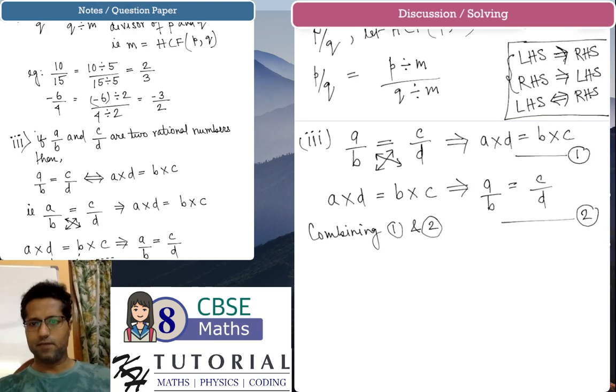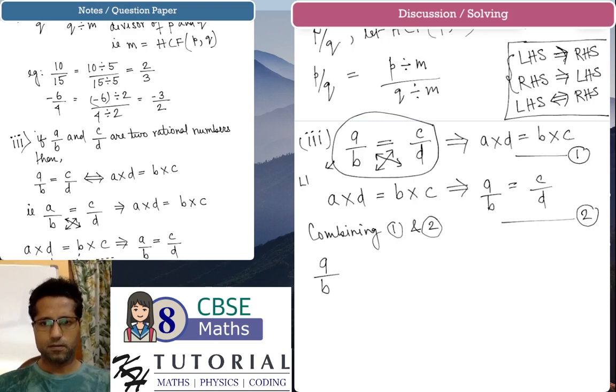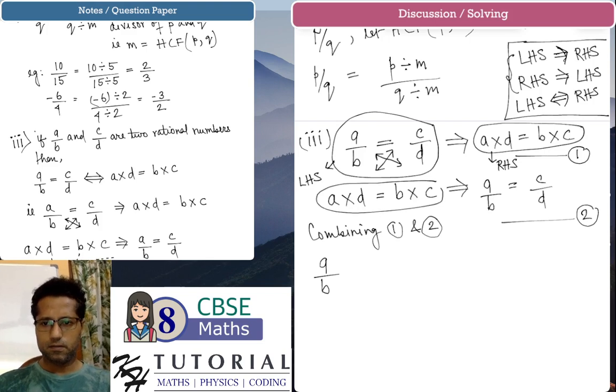So when I am combining 1 and 2 in this property 3, I can say that A by B, in this property number 3, you can consider this as the LHS result and this as the RHS result.